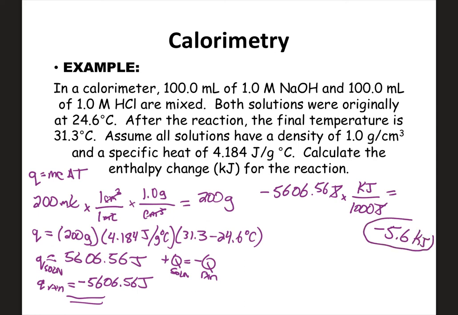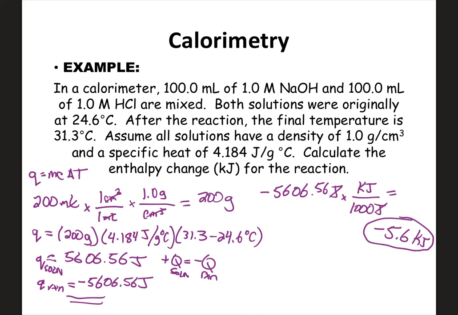All right, so we didn't need kilojoules per mole here based on what the problem was asking us, but make sure you understand this idea of how we mixed these two solutions, got their mass using density, plugged into our Q, and then once you realize here that that's the Q of the solution, you have to do this sign flip because of plus Q minus Q. Now you have your energy change here for the actual reaction that took place. And just watch your units with these problems.